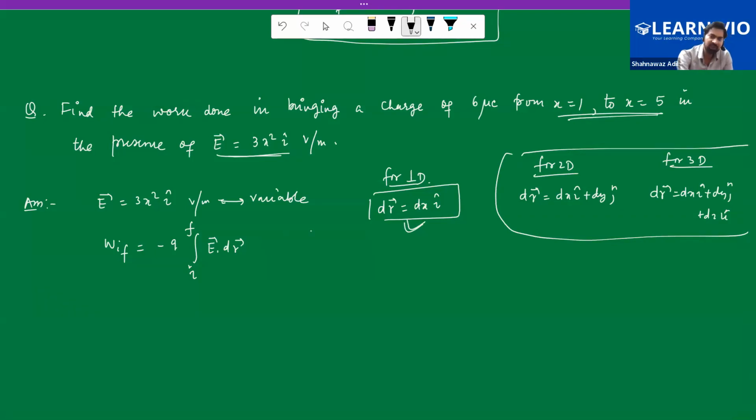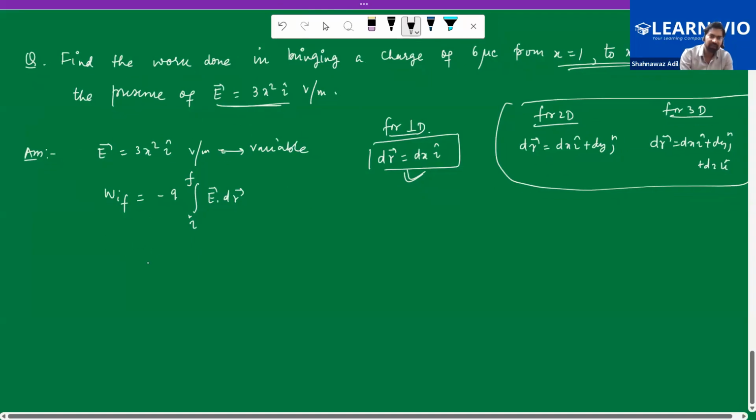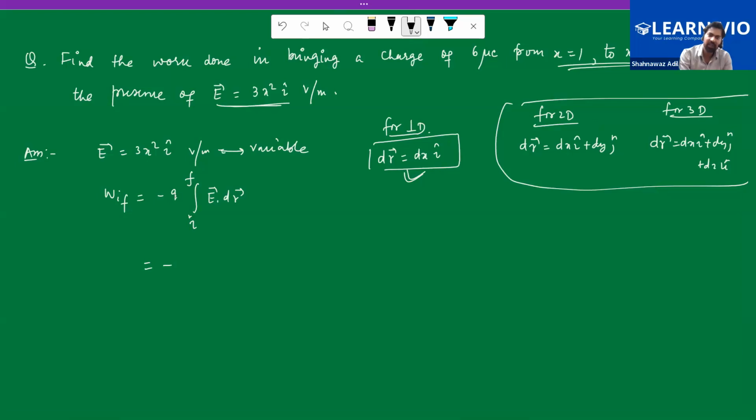So let us put this value. The work done is minus Q, which is 6 microcoulomb, and then from x equals 1 to 5, E dot dr. E is 3x squared i hat, dot dr, which is dx i.